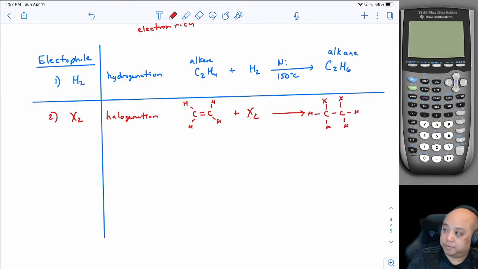In this case here. So notice with halogenation, you're not making a halogenoalkane, you're making a dihalogenoalkane because you're adding a halogen on both carbons. So there's two halogens attached to it, not just one. So be very careful about that. That's a detail that's important to avoid mistakes.